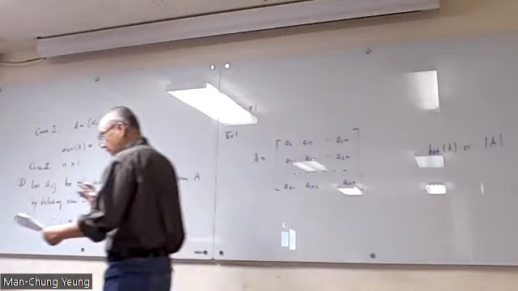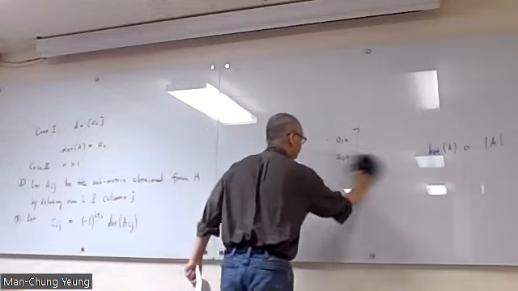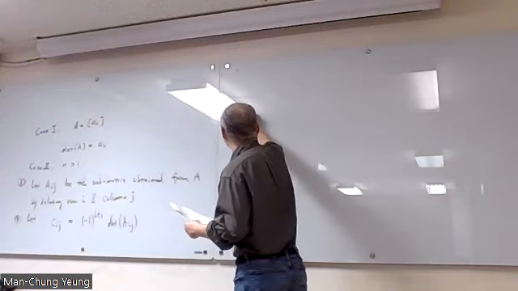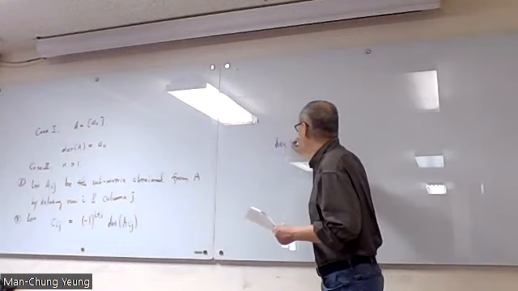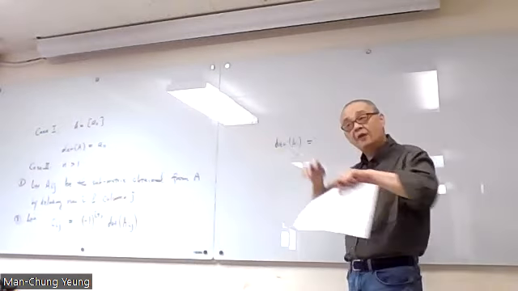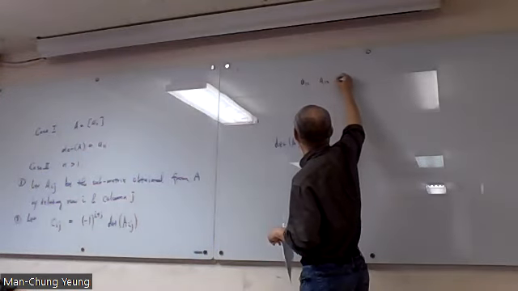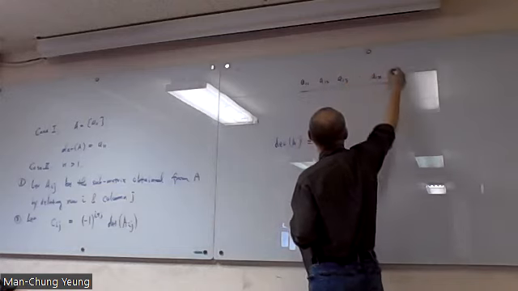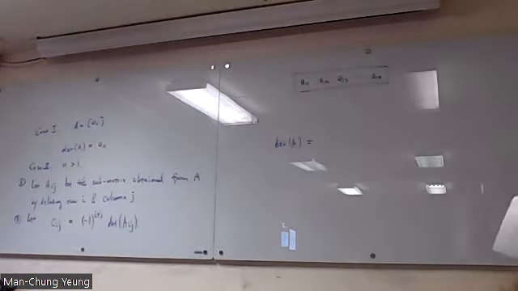Now, the formula to compute the determinant of matrix A. Look at the first row of matrix A: A11, A12, A13, up to A1n.